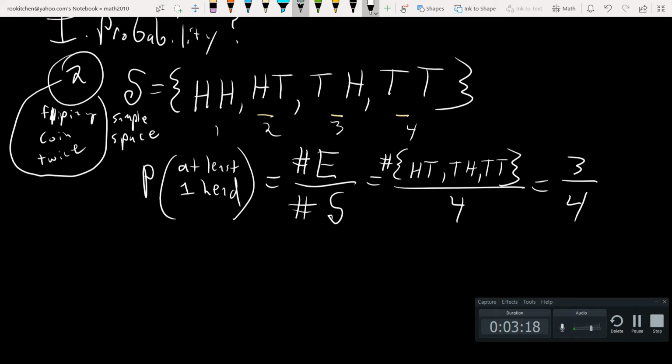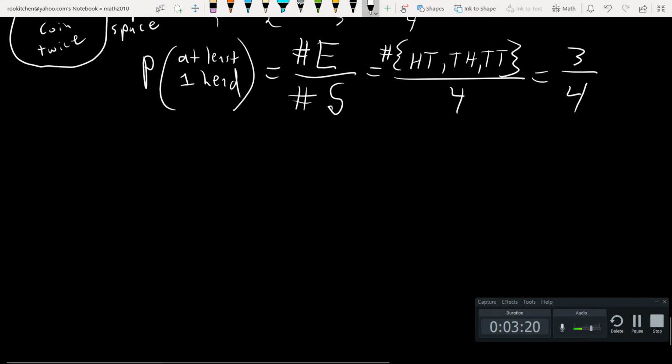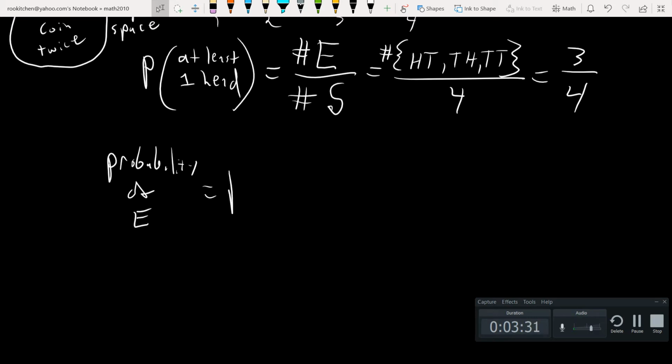So the probability of an event E, which we'll label as P of E, is just the number of things in the event space divided by the number of things in the sample space.